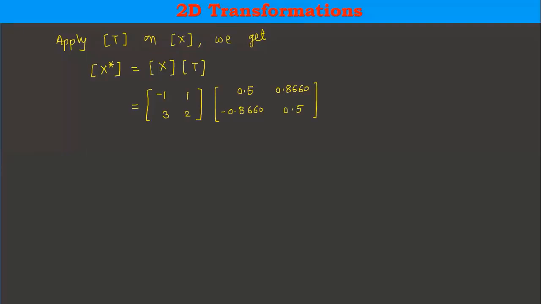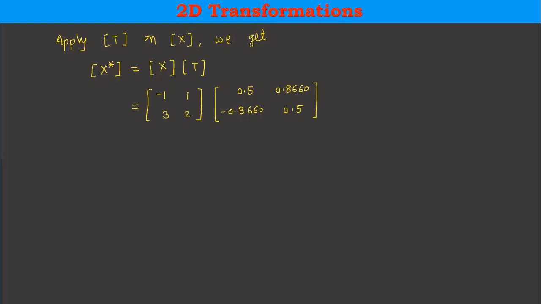Now we have to take a matrix multiplication of these two matrices by the usual row by column method. In the second matrix, floating points or decimal points are given. So you can do that multiplication manually, row by column, or by using a calculator.